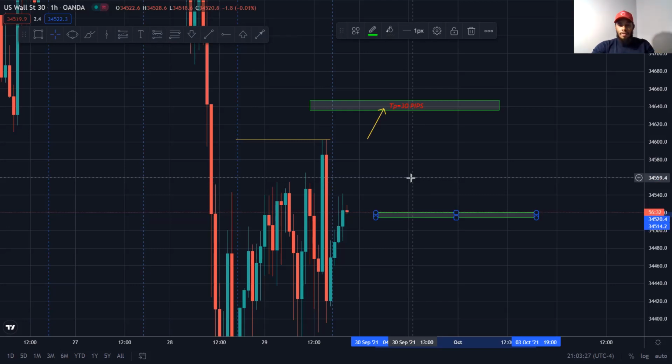I've churned every single number within the strategy, and the best number I came out with was a 30 TP. And that's what I had from the beginning.